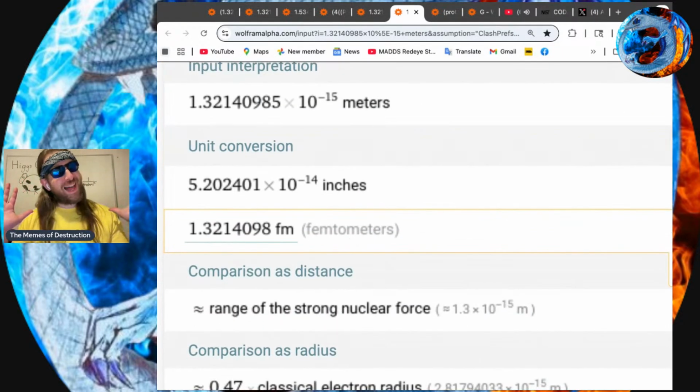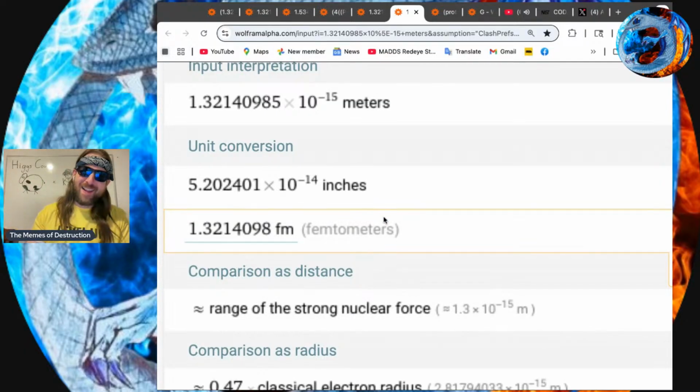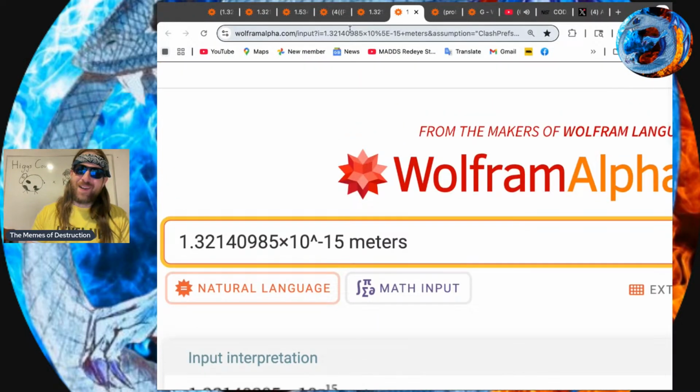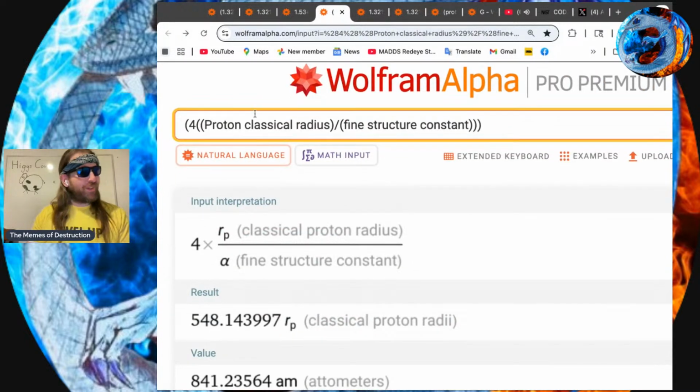I think that's allowable. So what we're saying is, from the classical radius of the proton, which we literally compute from the mass, we are taking the mass, and then there's a conversion where we quantize it as a ball of charge.